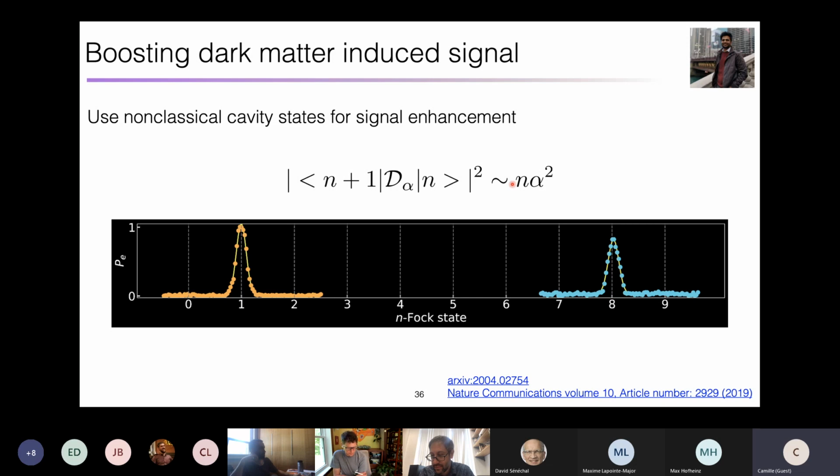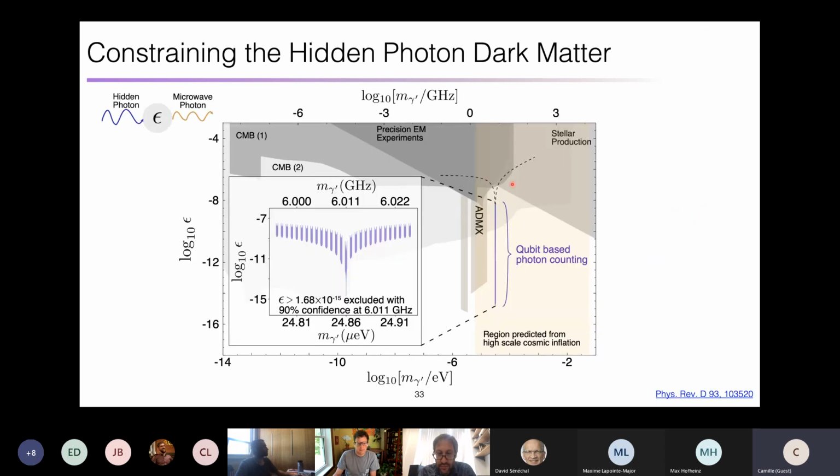Okay. So I have a few questions actually. So one is related to the figure on page 33, where you're saying that you can exclude with 90% confidence that the hidden photon doesn't exist for this range of energy and coupling, mixing angle. So my question is, how does this compare to other detection techniques?